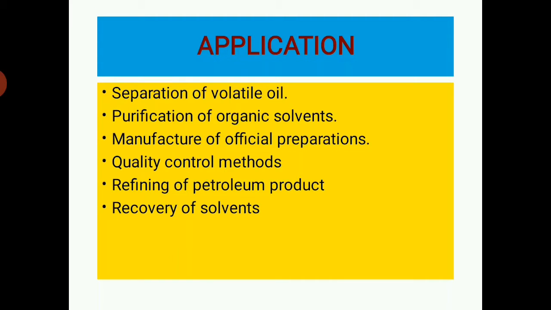Refining of petroleum products: in the petroleum industry, the crude oil is refined into different fractions using flash distillation. Each fraction is a multi-component system. Examples are petroleum ether 60-80, etc.